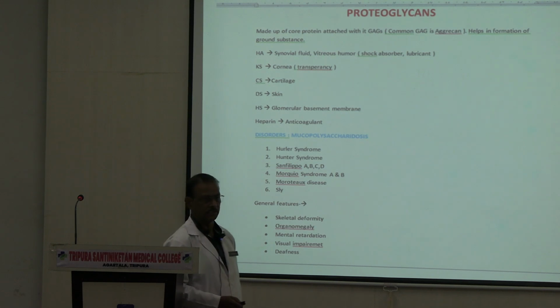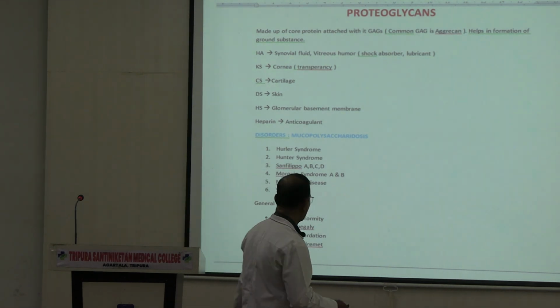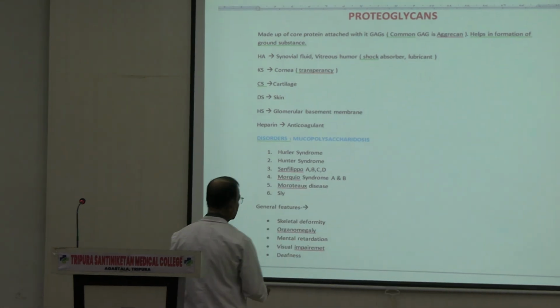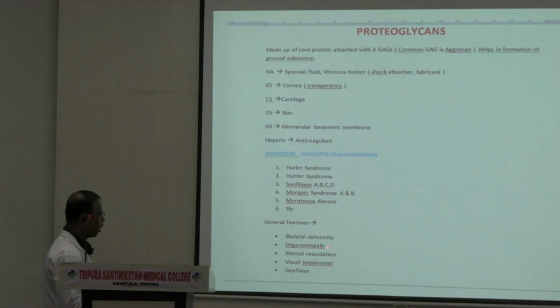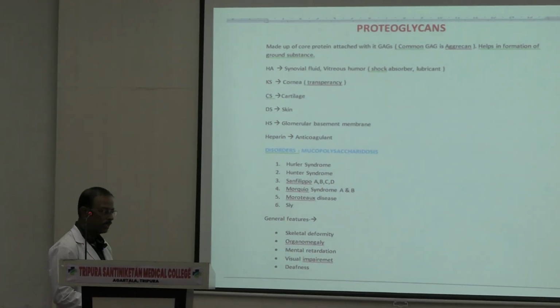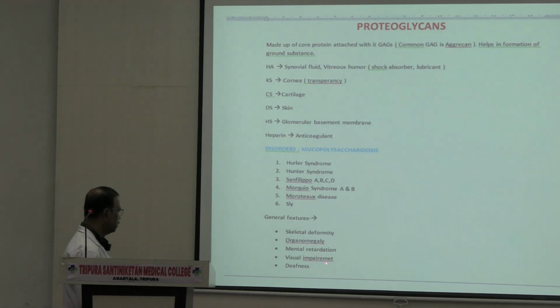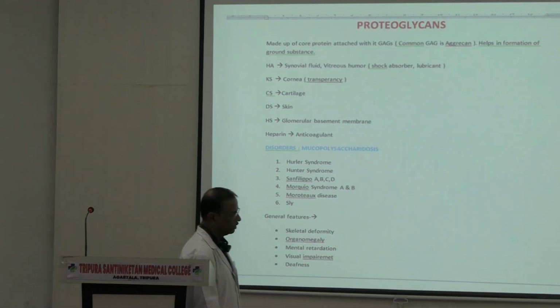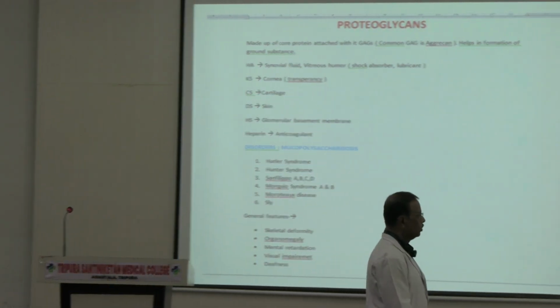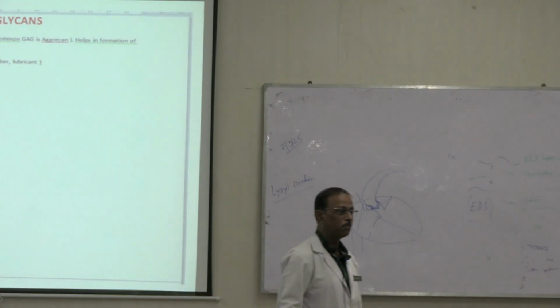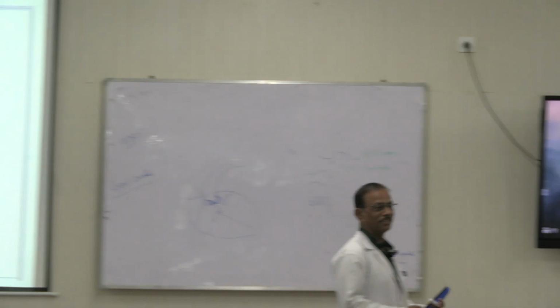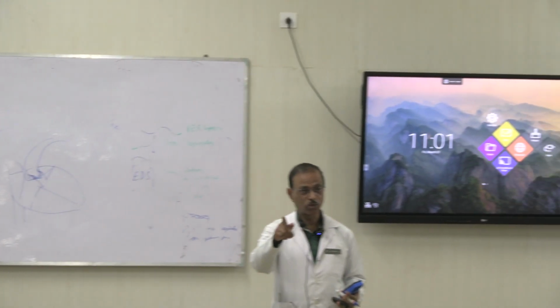Very rare diseases, but we have to know. General features are skeletal deformity, organomegaly, mental retardation, visual impairment and deafness. So we have read a 1 hour, very big thing, so many things. But you will get questions.